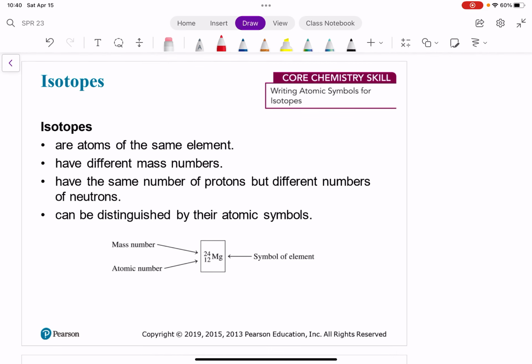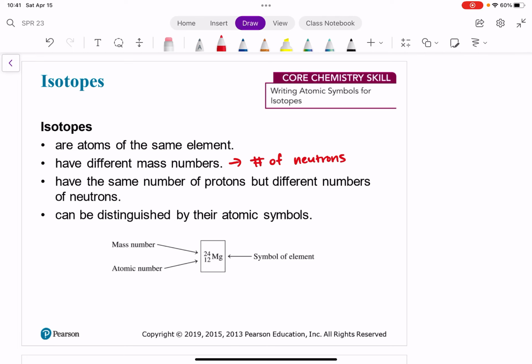Okay, so isotopes. Isotopes are atoms of the same element that have different mass numbers. And I think a better way of saying that is different number of neutrons. Because yes, they have different mass numbers, but the reason the mass number is different is because we have a different number of neutrons.